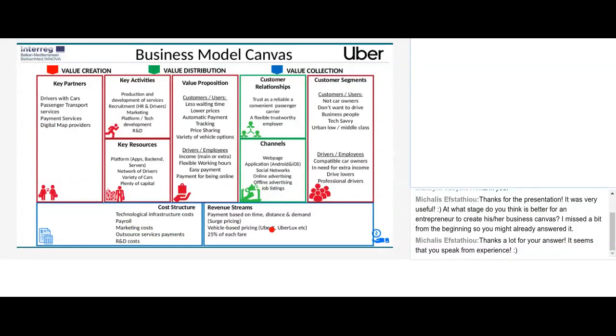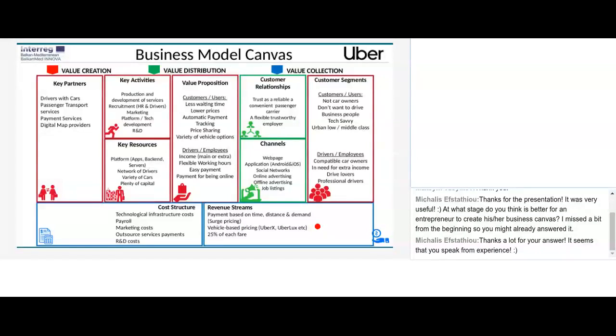So moving towards the other end of the spectrum, how Uber makes money, or their revenue streams. We have payment based on time, distance, and demand, which they call surge pricing, which takes into account the time, the availability, and how busy the network is at the current moment, so it can adjust the price accordingly. And we have vehicle-based pricing, which also takes into account which kind of vehicle service you're using.